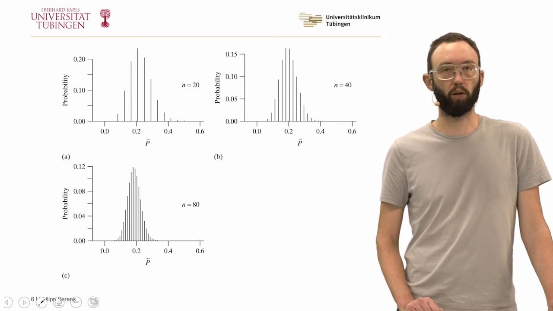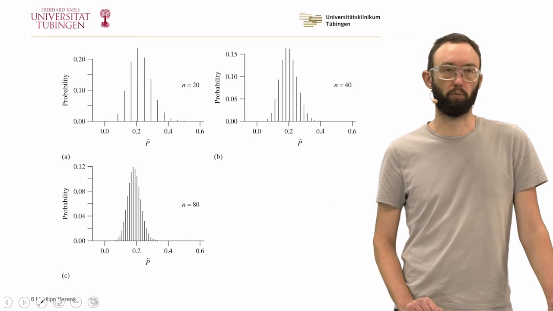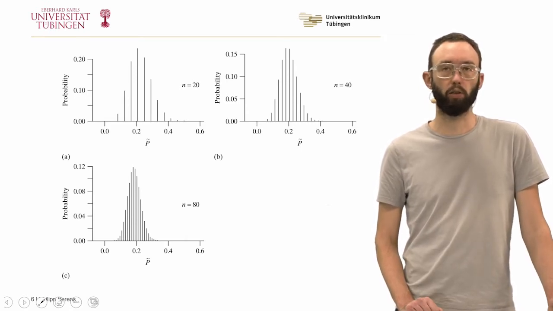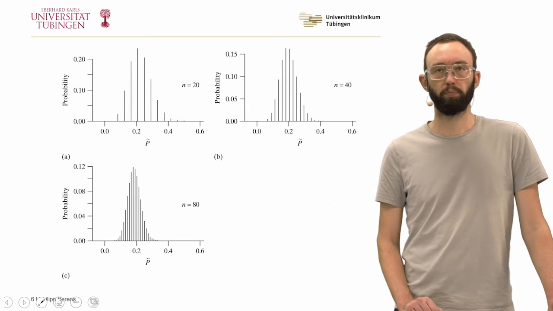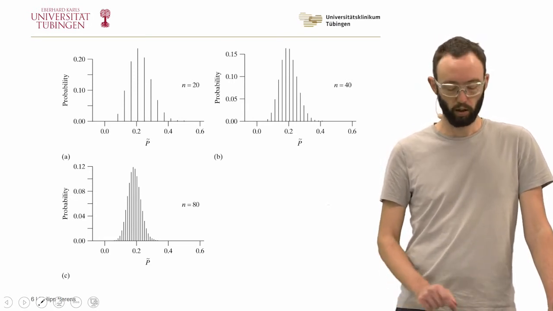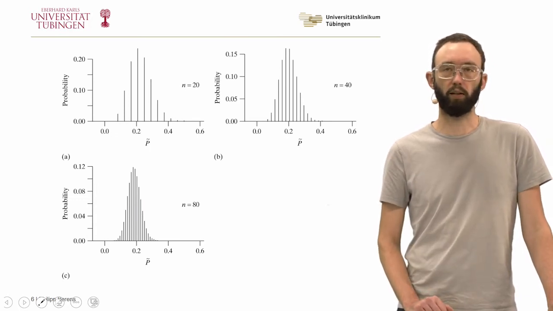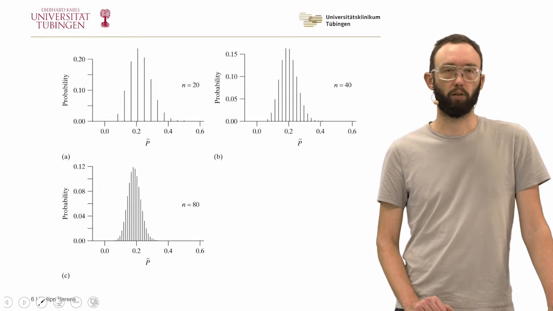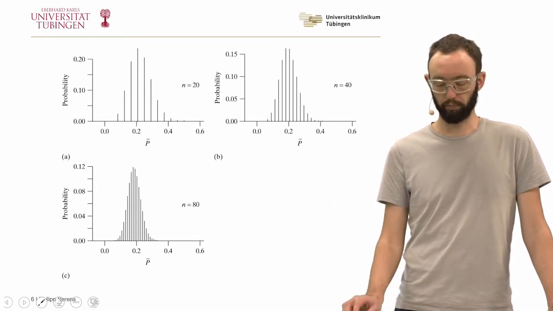This is just analogous to the case of continuous data, where the distribution of the sample mean becomes narrower and narrower the more the sample size grows that we use to estimate it. Remember, and if you don't remember, go back and watch the video of the respective lecture, that the width of this distribution is our standard error of the mean. So we can compute also a standard error of the proportion.